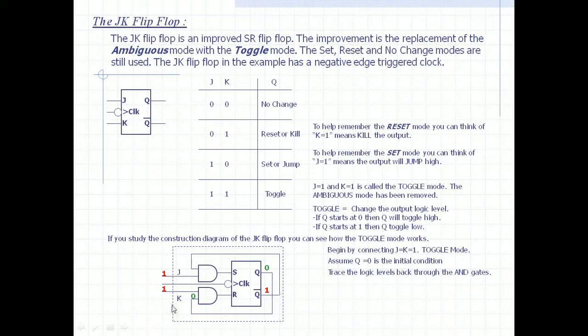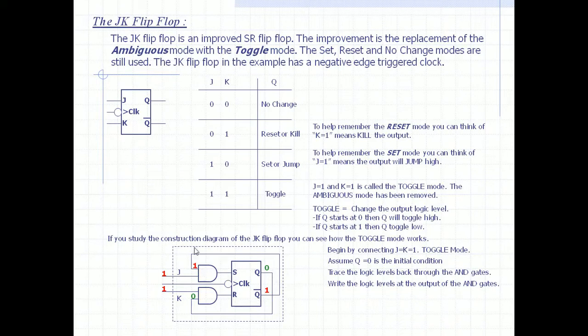Okay, 0 to this and 1 to this, and just AND it. What will be the result? Write the logic levels at the output of the AND gates, because you know that 0 is coming from here. 0 and 1 means the AND will be 0, and again the same logic applies here.